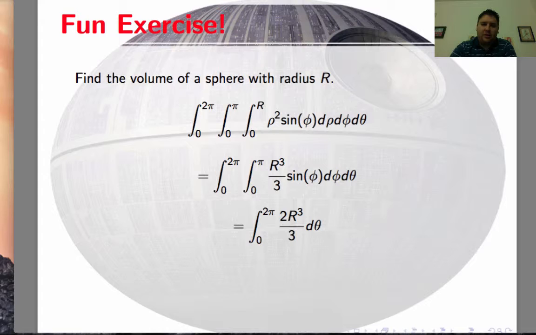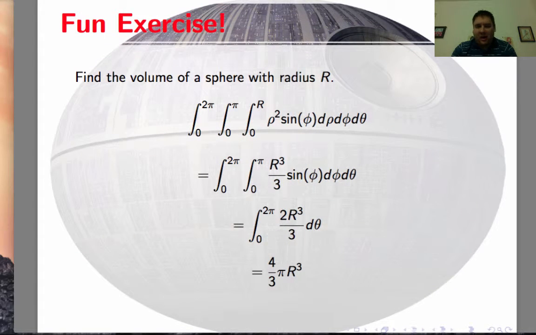So my integrand now is just 2R cubed over 3, and I'm integrating this with respect to theta, but there is no theta there, so I basically just multiply this answer by 2 pi, and voila, we get 4/3 pi R cubed, which hopefully you all know is the volume of a sphere. Such magic happens here.